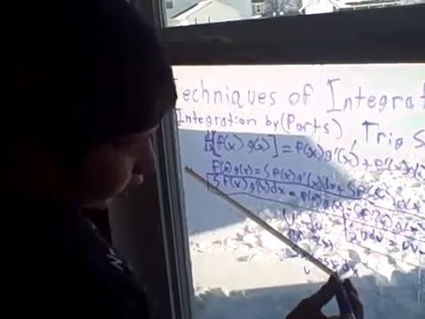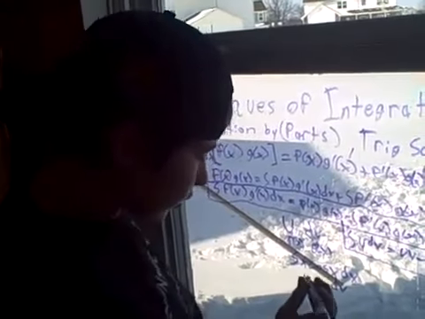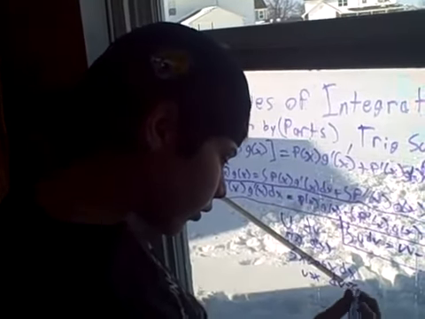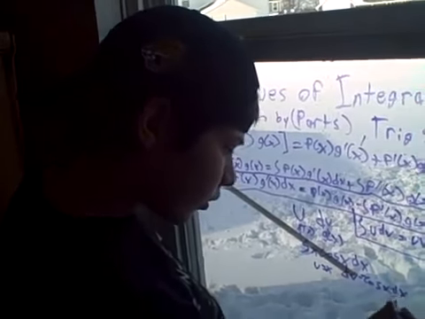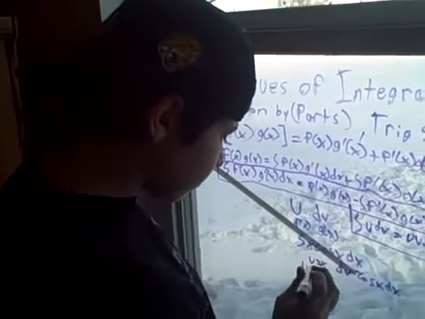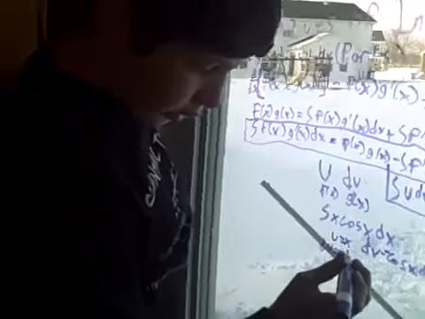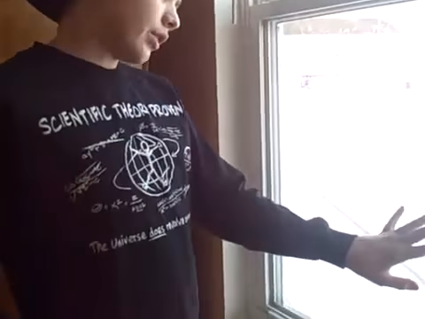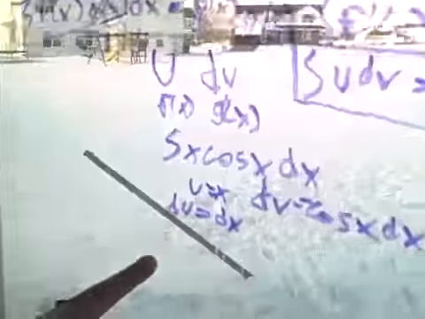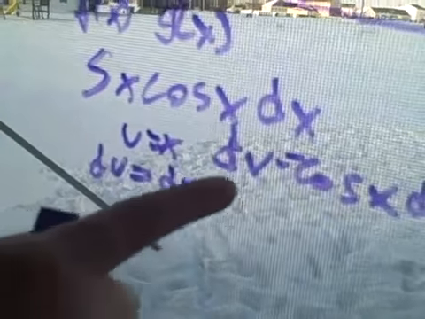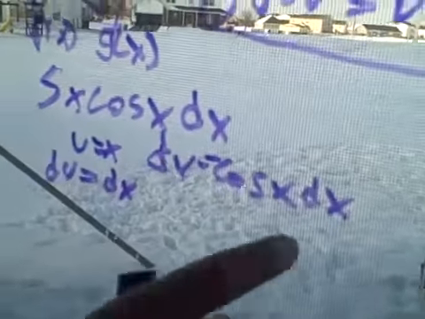Then I have du equals dx. The reason I'm throwing in these dx's at the end of these terms is just to make this easier to understand, because originally we would have du by dx equals 1, and dv by dx equals cosine x, so I'm just multiplying to the other side.